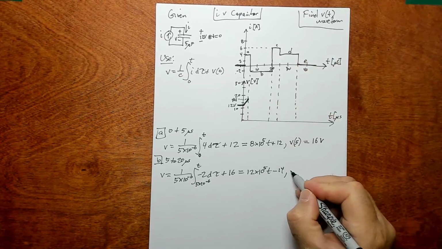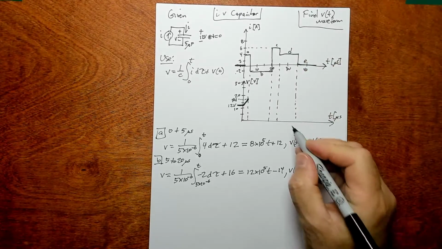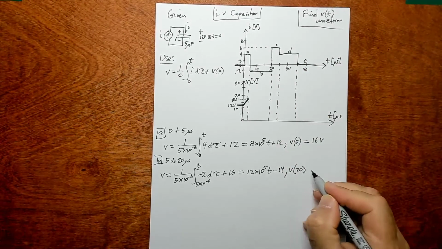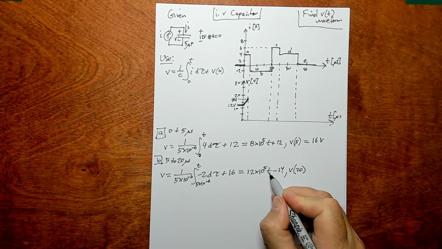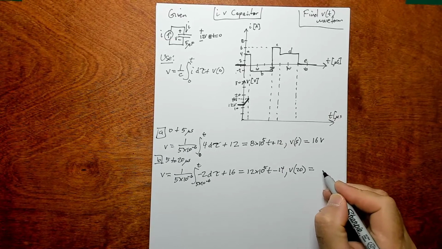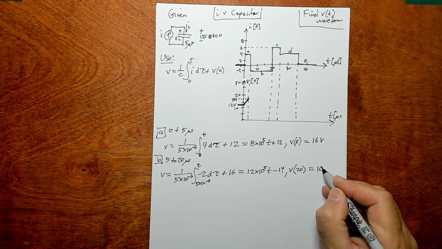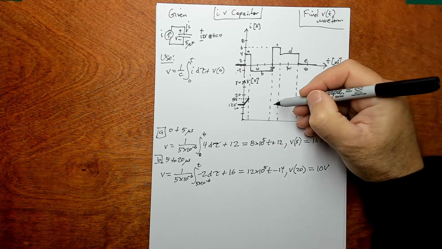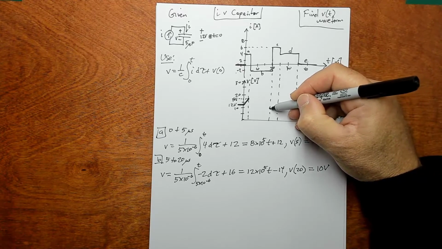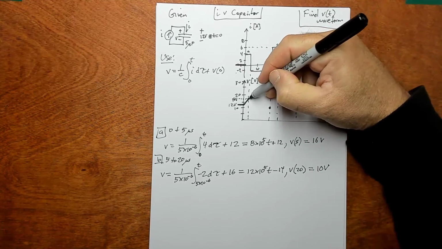We can solve this guy at the end of our interval, which is 20 microseconds. So plug in 20 times 10 to the minus 6 into this guy, and what you're going to get is 10 volts. So we know that it ends at 10 volts. So this is our line segment.